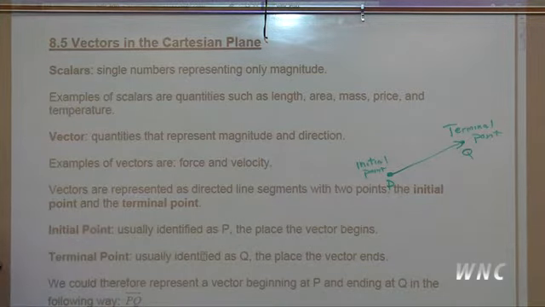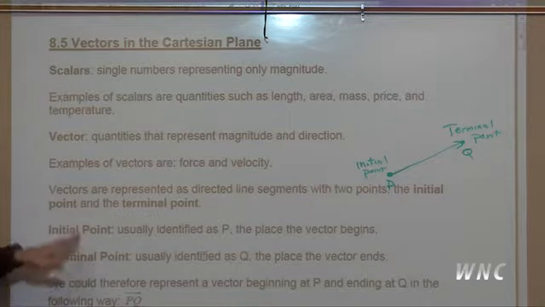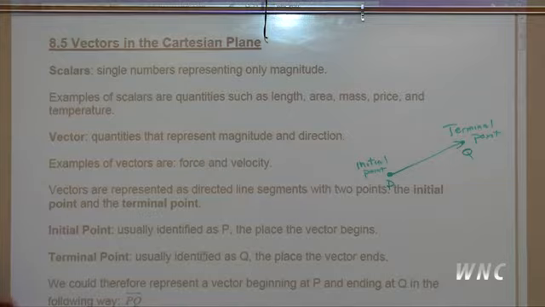We usually identify the initial point as P, the place the vector begins, and the terminal point as Q, the place where the vector ends.